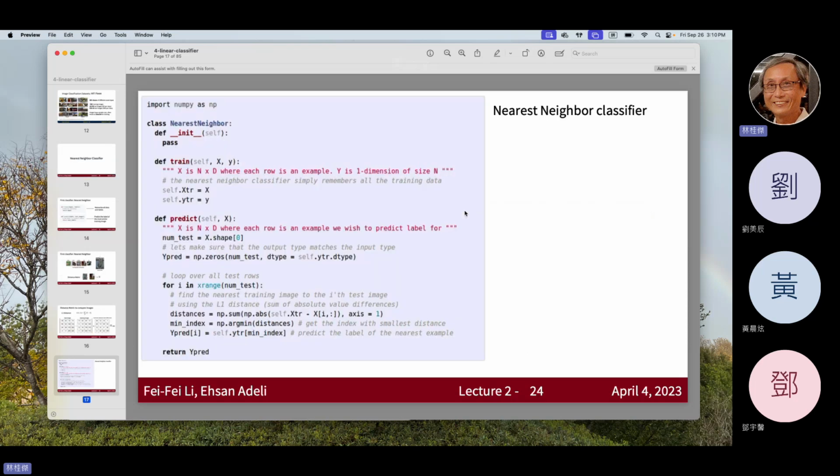So one possibility for producing the prediction, as we said last time, is to use the nearest neighbor.